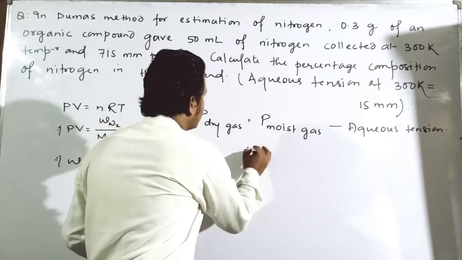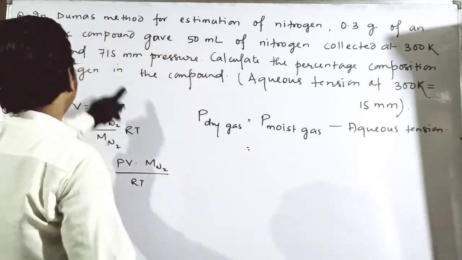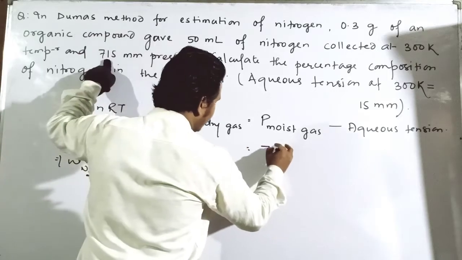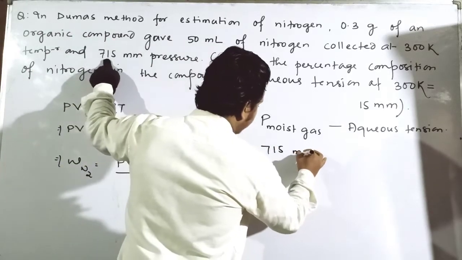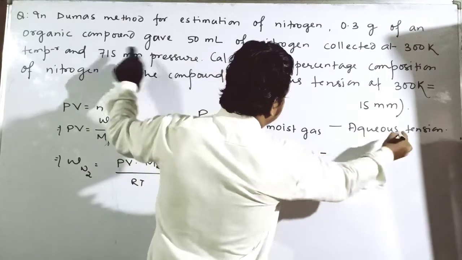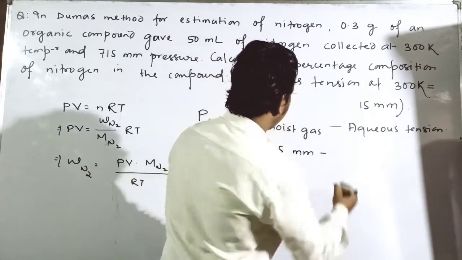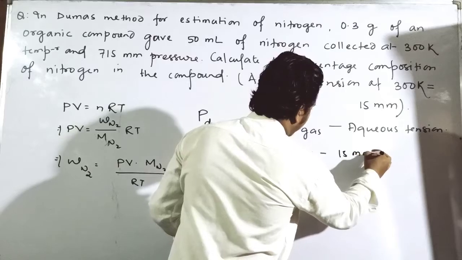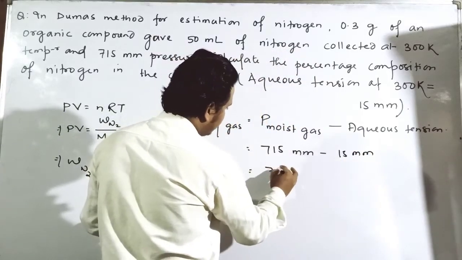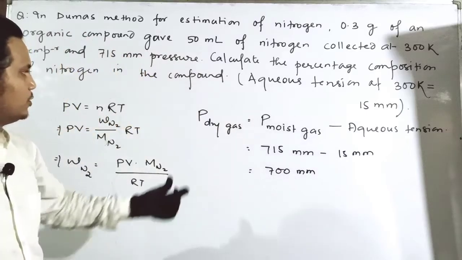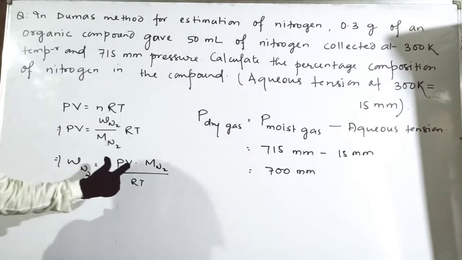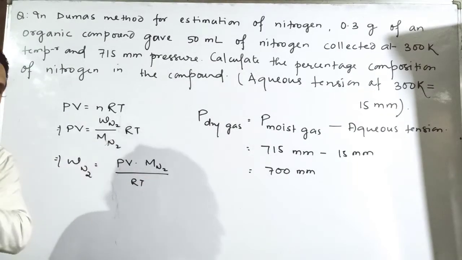What is the pressure of the moist gas given? 715 mmHg. What is the aqueous tension? 15 mm. Now what will this be? 700 mm.